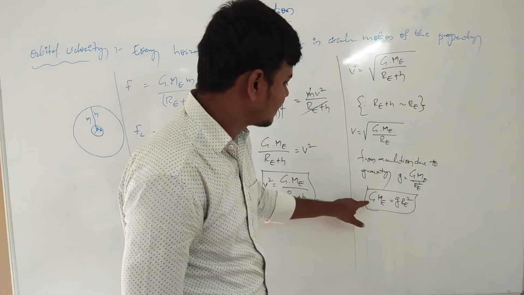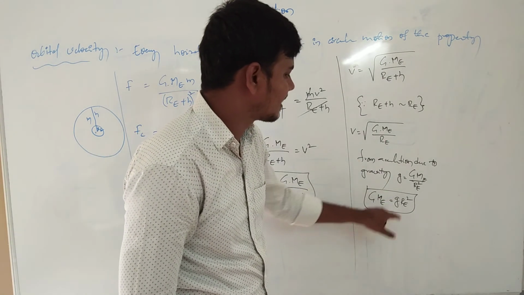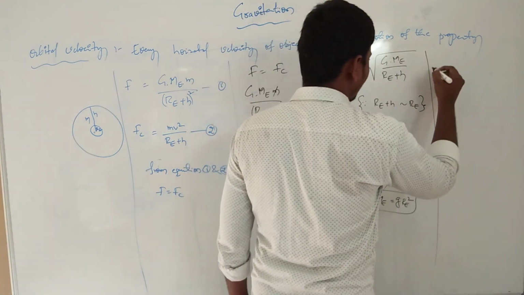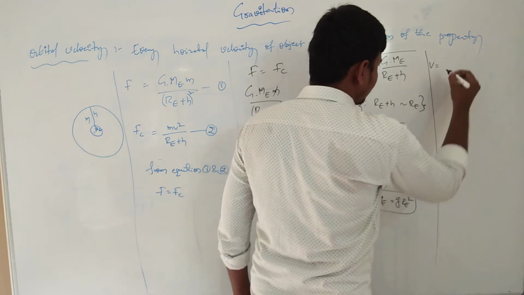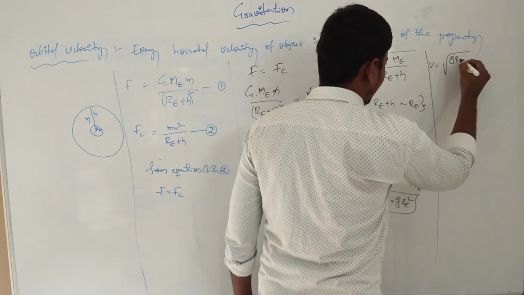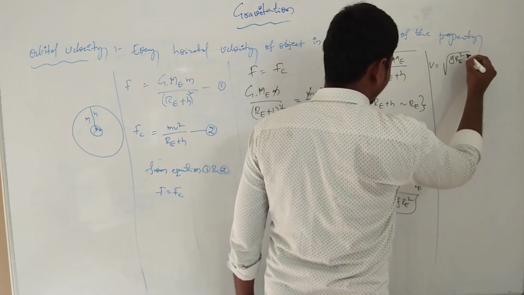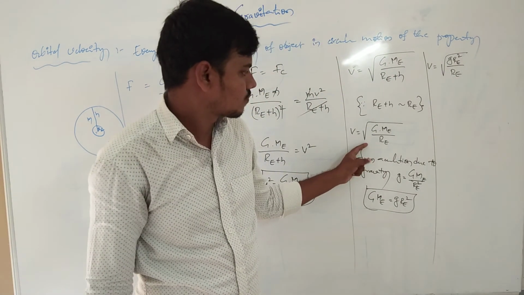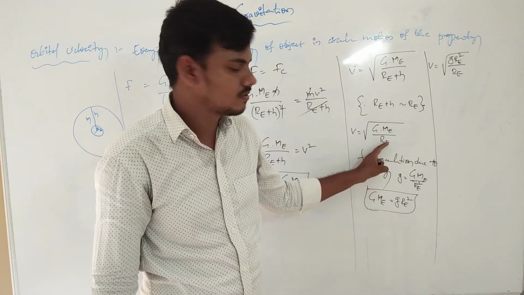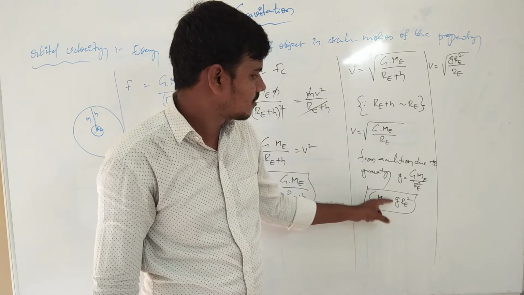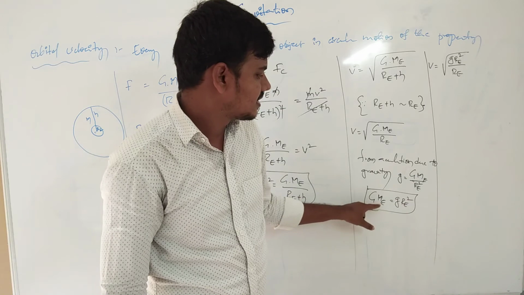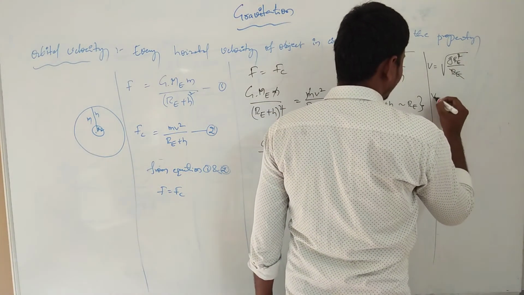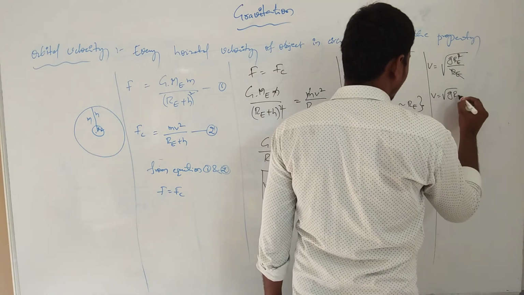Substituting, v is equal to square root of g R E square by R E. One R E cancels, so v is equal to square root of g R E.